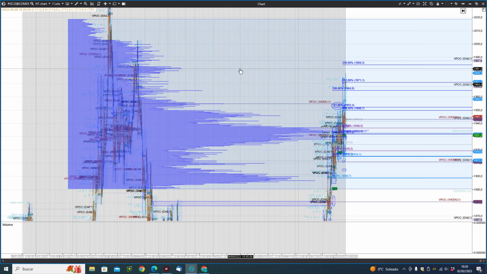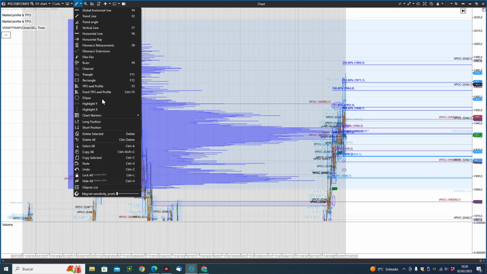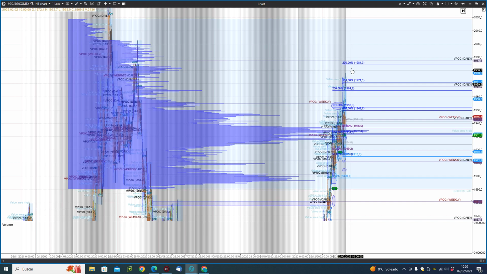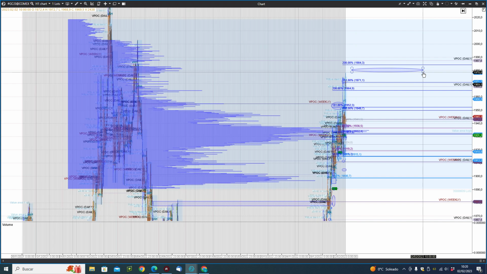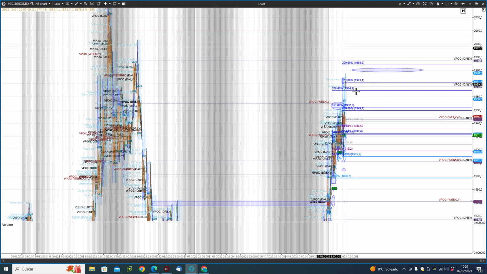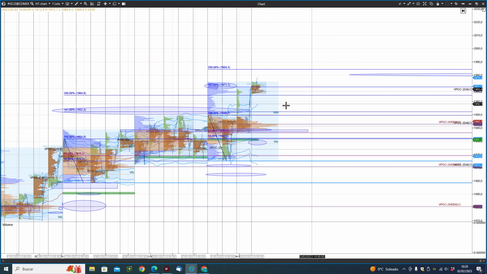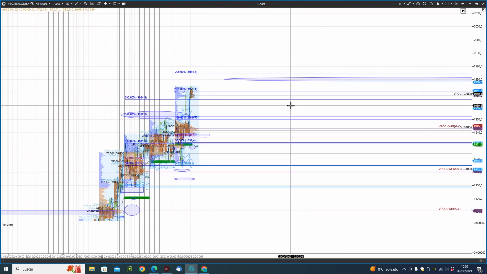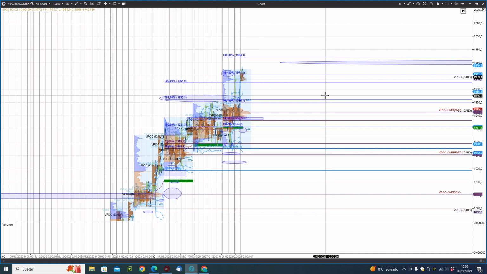Well, next step, higher targets would be this point, 1981. Let's mark it with an ellipse, and it would be our high target. And talking about lower targets, is very clear here, 1943.